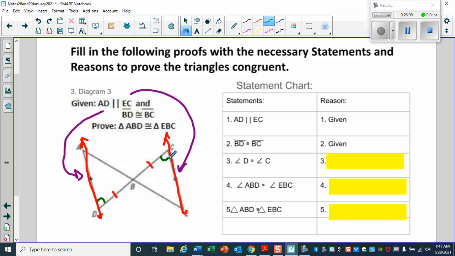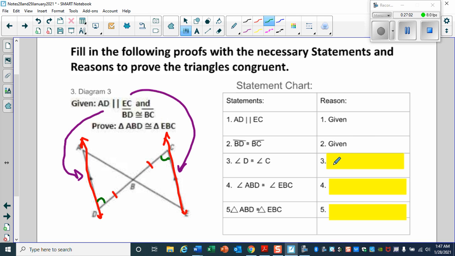These two angles right here are congruent. Because no matter which way we go, if we go from BDA or ADB, same angle. ECB or BCE, same thing. So that's why we can get away with just the single letter for D and C.